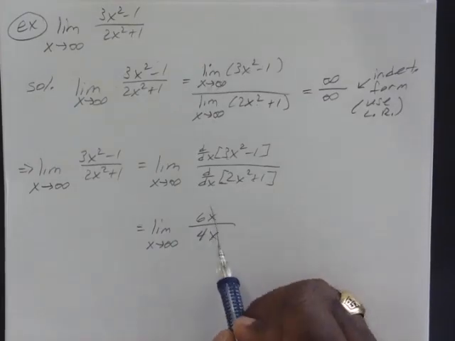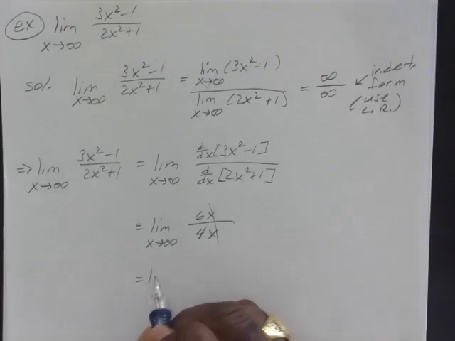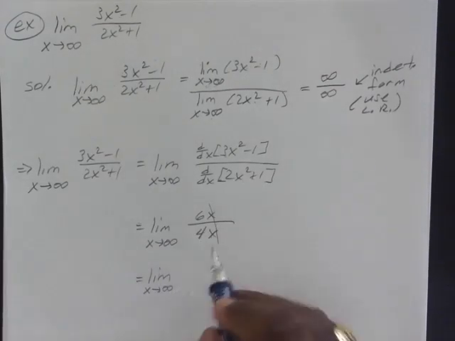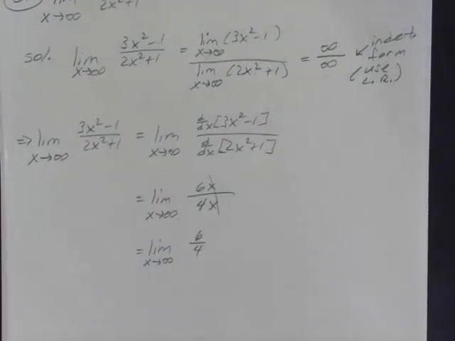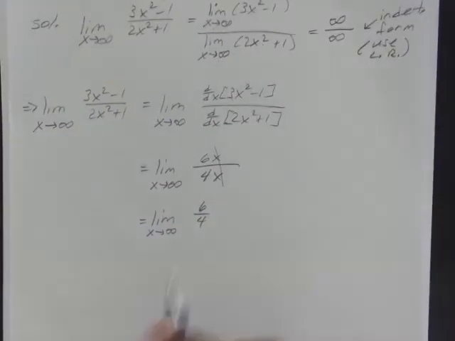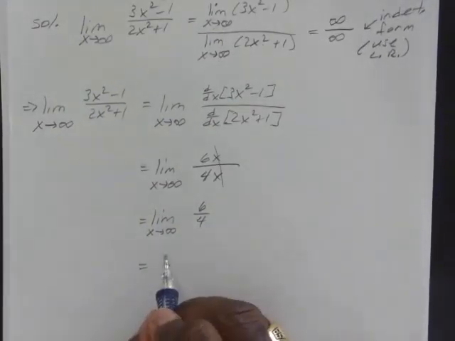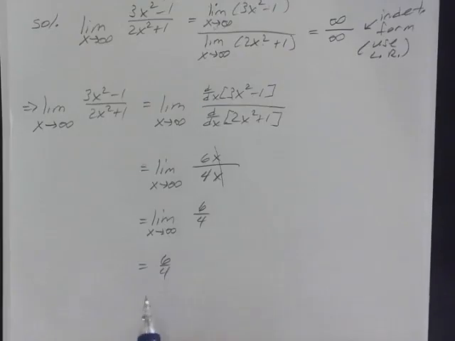So the x's cancel each other out. So we just have the limit as x approaches infinity of 6 divided by 4, where we know the limit of a constant is just a constant. So the limit is 6 divided by 4, or we can simplify it to 3/2.